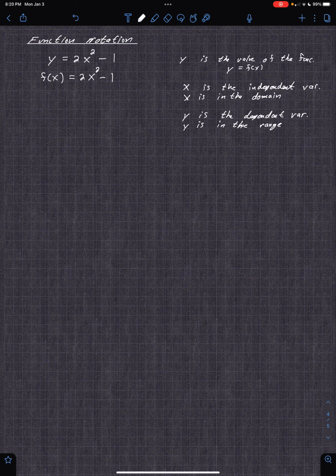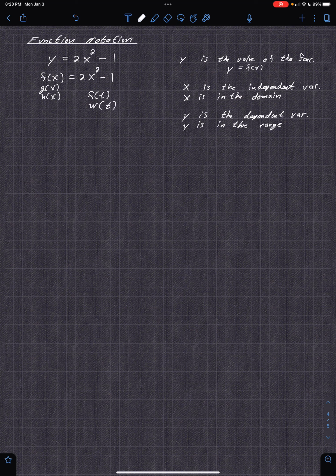All right, so let's look at other notations. We write f of x, but we often use g of x, h of x, that kind of thing. We can use a different variable, like f of t or w of t, or any variable you want.